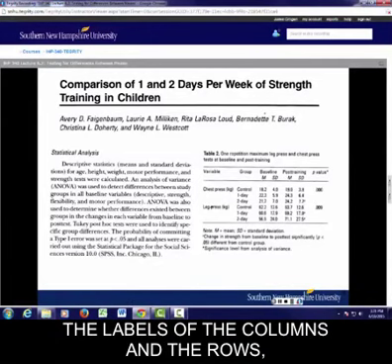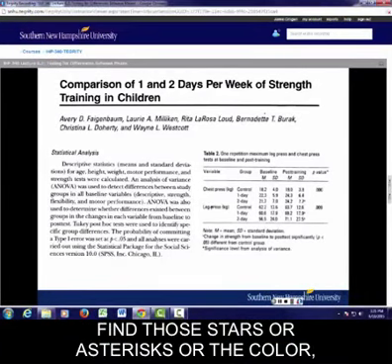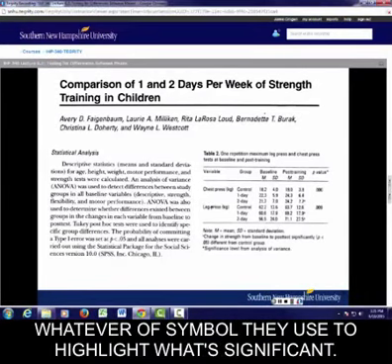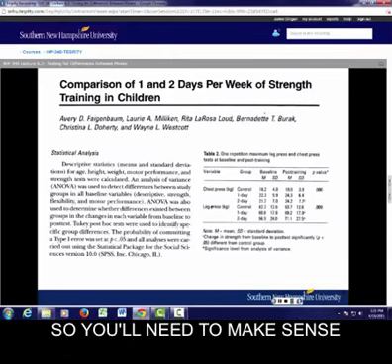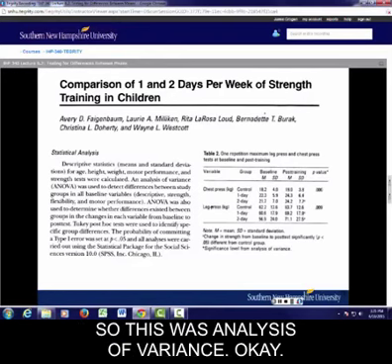Find those stars or asterisks or whatever symbol they use to highlight what's significant. So you'll need to make sense of all of those symbols in these tables. So this was analysis of variance.